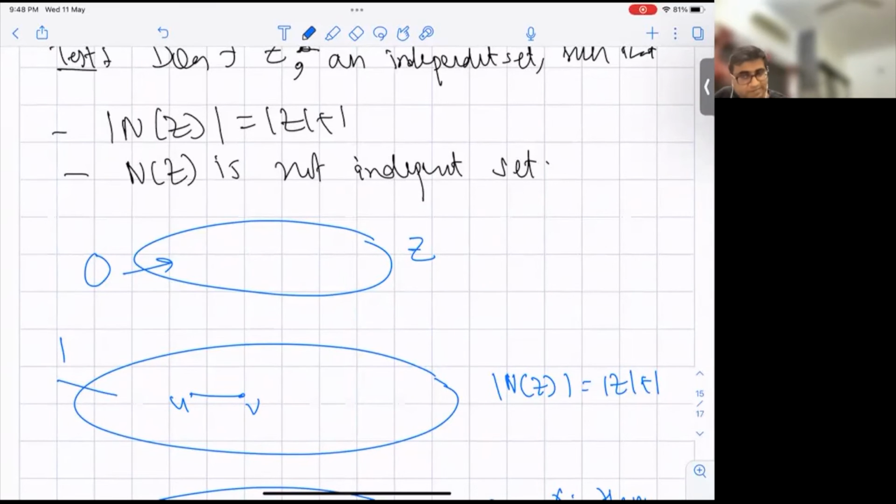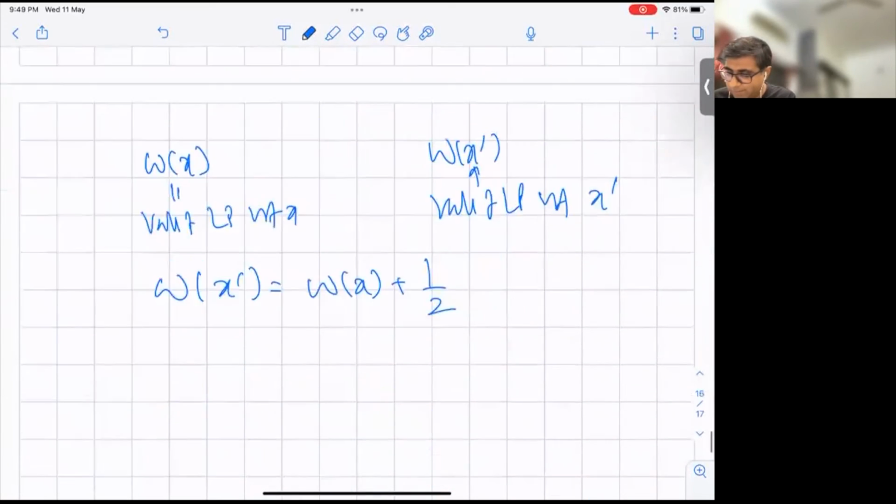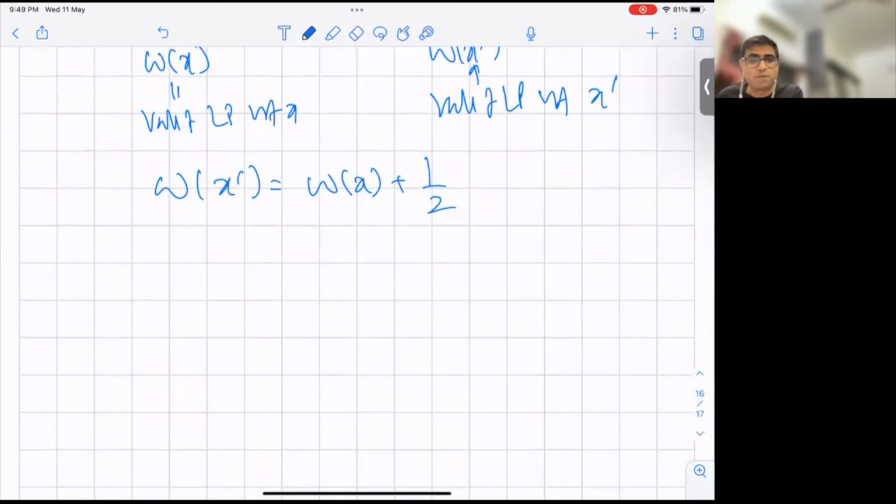If you look at the set Z, you assign N(Z) to 1, you assign Z to 0, and the remaining half, then your LP value only increases by half. The converse of this statement is also true: you can actually create such a set Z.